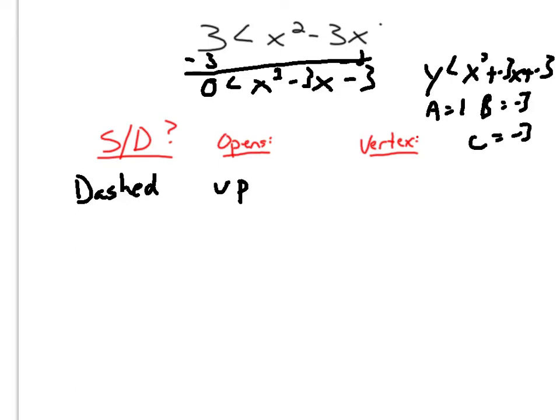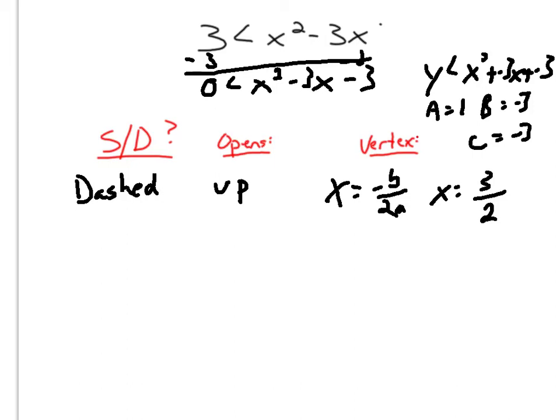Then we need to find the vertex. And again, the vertex x-coordinate is the opposite of B over 2A. So in this case, the opposite of negative 3 is positive 3 over 2 times 1, which is 2. So the x-coordinate of the vertex is 3/2.